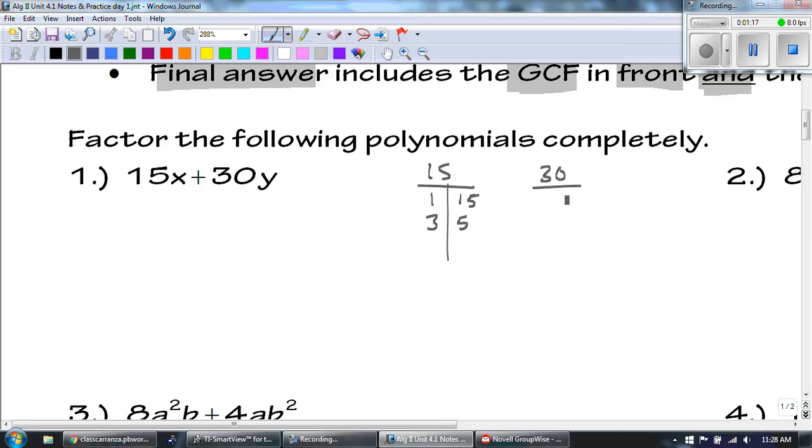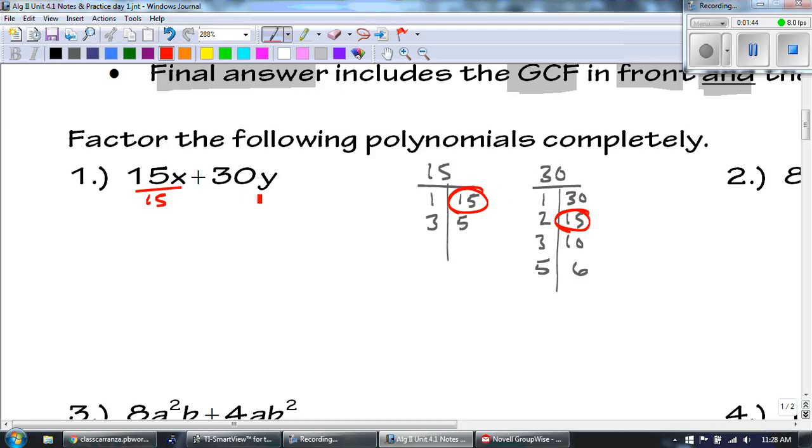And then factors of 30: 1 and 30, 2 and 15, 3 and 10, 5 and 6. If you don't know that, I would recommend getting a multiplication chart or using a calculator and figuring it out. But the highest number they both have in common is 15.